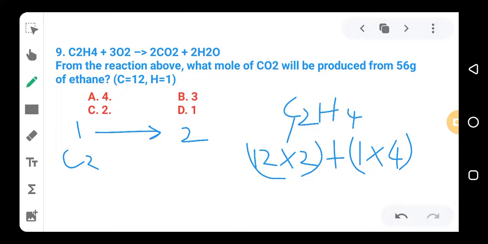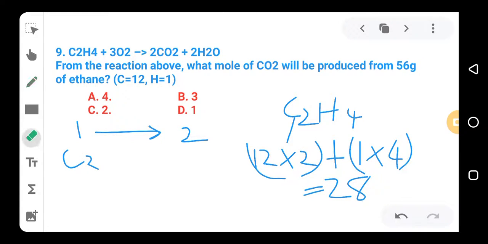This will give us 24 plus 4, that is 28.